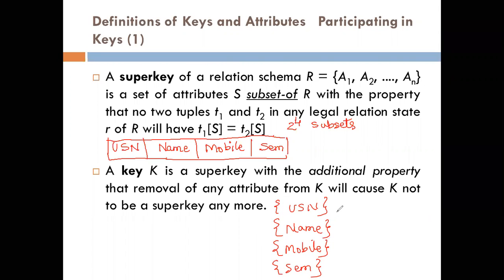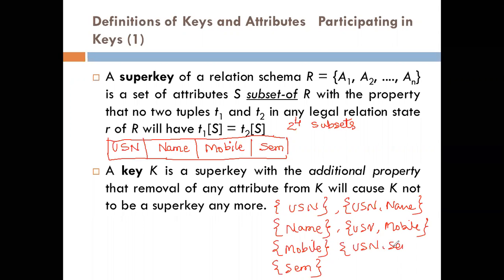The second possibility is including two attributes. So USN, name; USN, mobile; and similarly USN and semester. Again, if we start with name, I will just write the short forms, N and M, that is name and mobile.